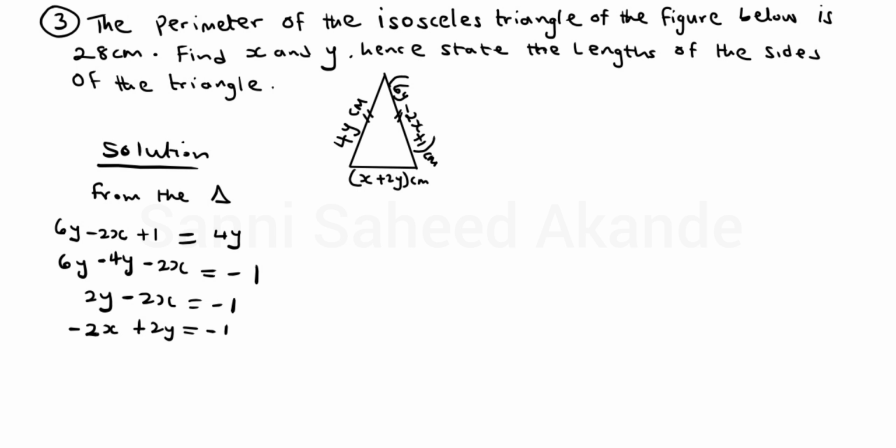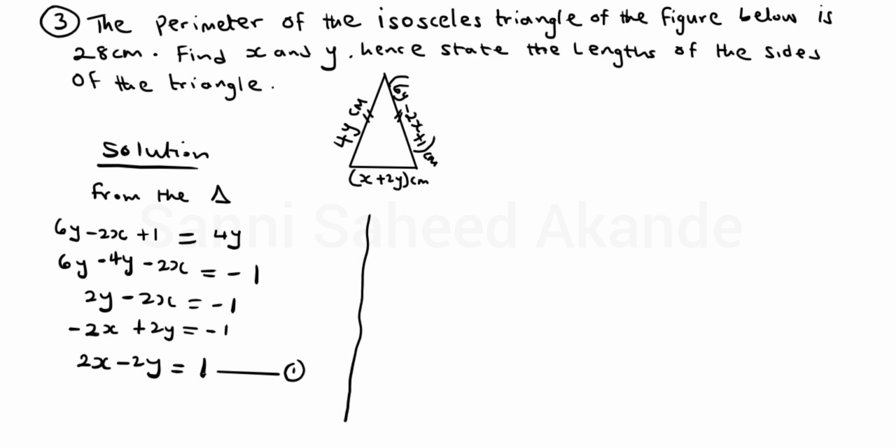But I don't want this minus in front of 2x, so I will multiply all through by minus 1. So when I do that, I will have 2x minus 2y equal to 1. So let's tag this as our equation 1. Understood? Okay, so let's continue here.